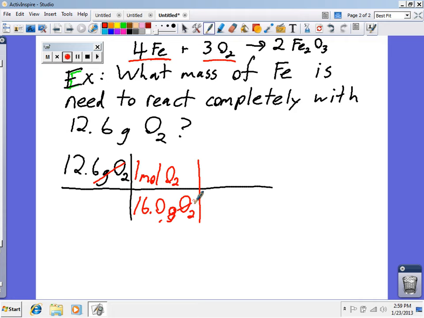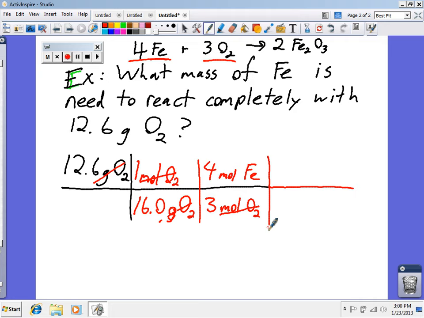Next step, we've got moles of O2. Let's use the molar ratio. So it's 3 moles of O2 to every 4 moles of iron. Again, moles of O2 on the top cancels with moles of O2 on the bottom. And now I've got moles of iron.